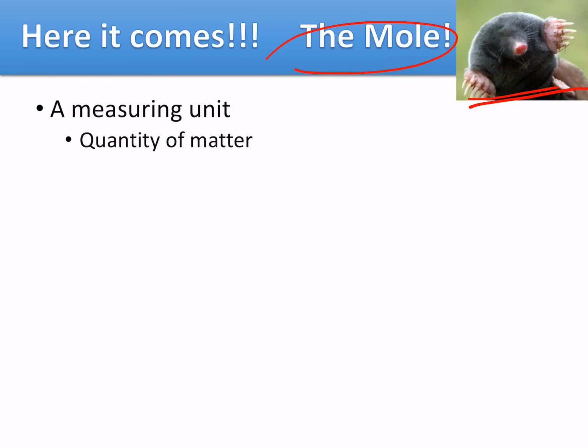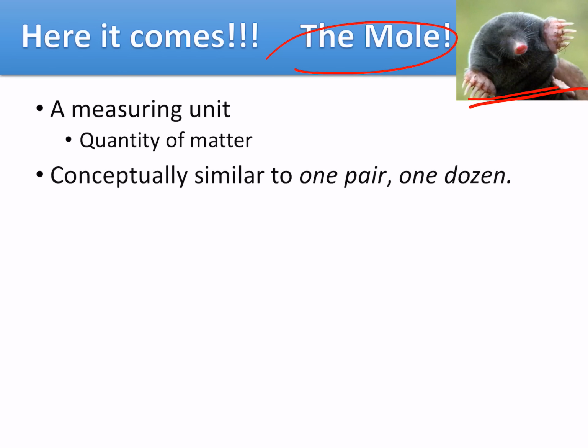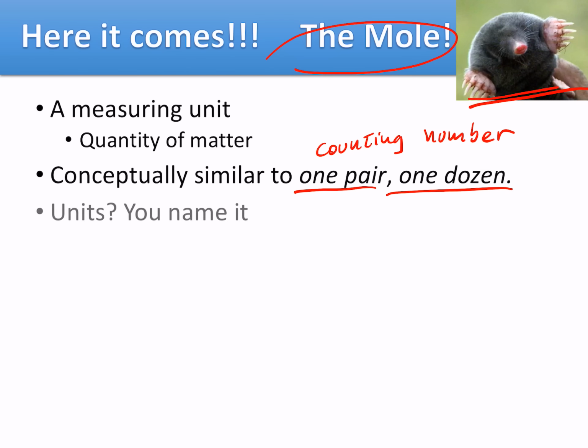Now the thing with the mole is that it's more similar to one pair or one dozen, and what that means is that these are counting numbers, because one pair represents 2 units, one dozen represents 12 units, while the mole also represents a certain number of units. What units?